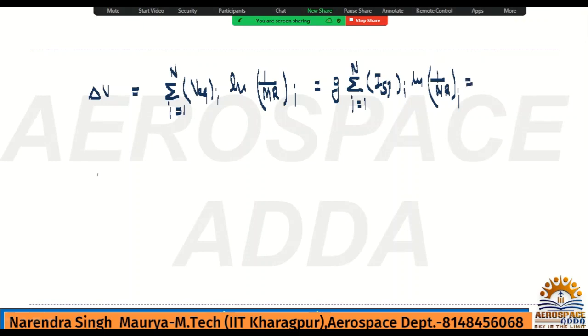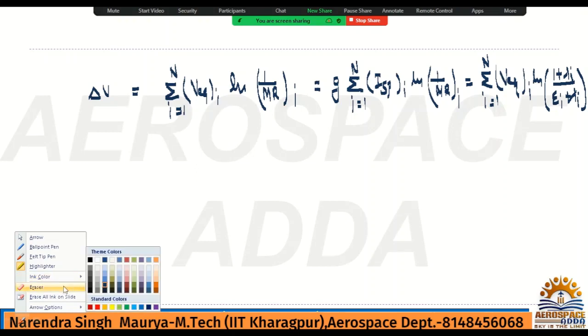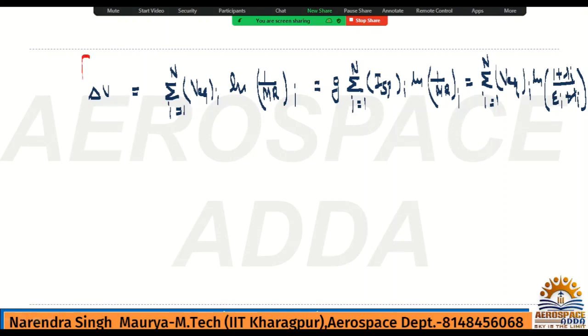If you remember, the formula was summation i is equal to 1 to n, V equivalent of i, ln 1 plus lambda i divided by epsilon i plus lambda i. So this is the final formula.